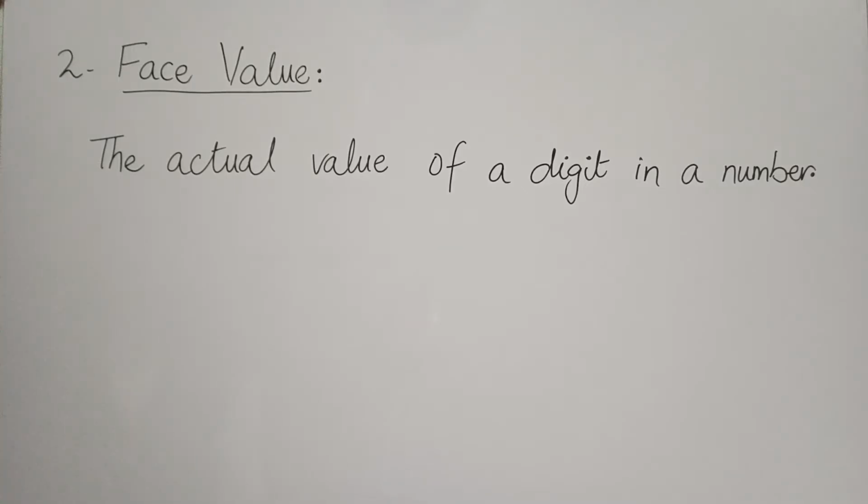Now, let's move on to our second concept, and that is face value. By definition, face value means the actual value of a digit in a number, or the face value of a digit in a number is the same digit itself.